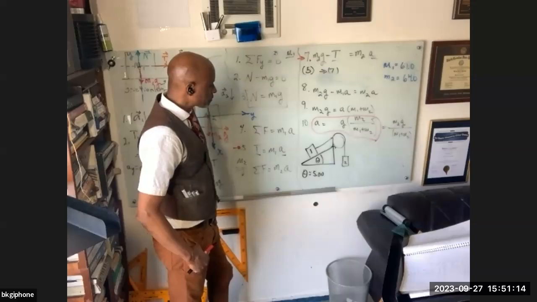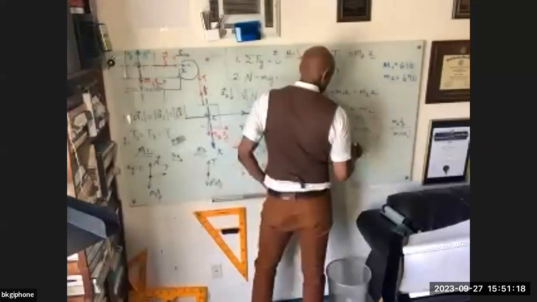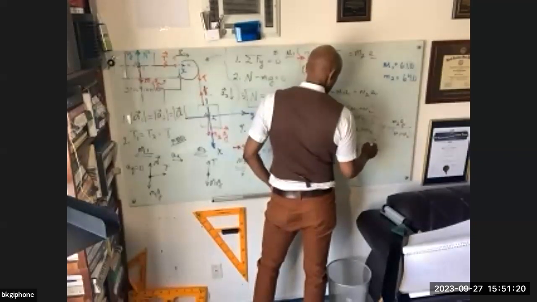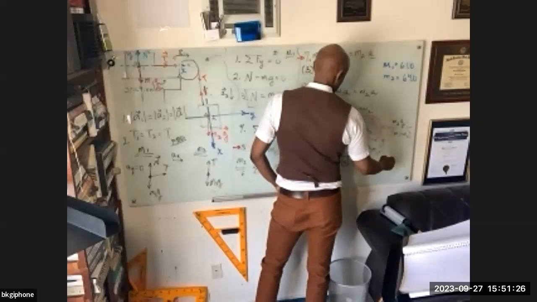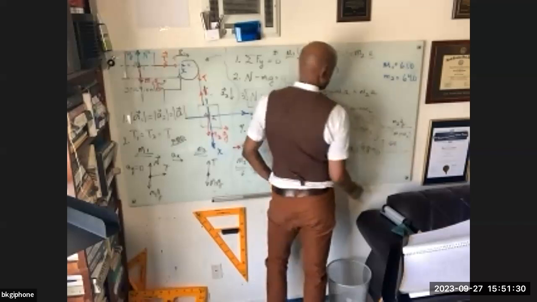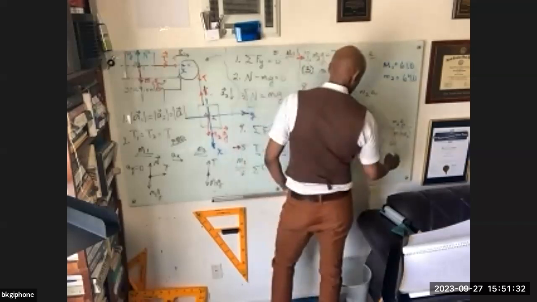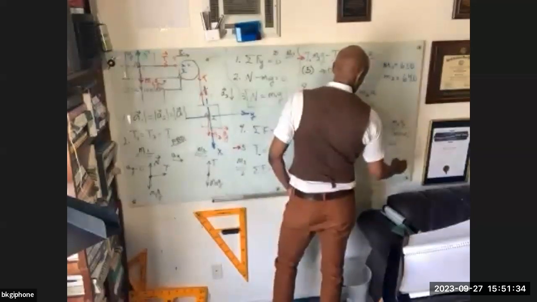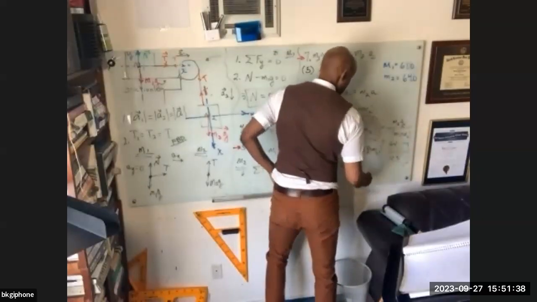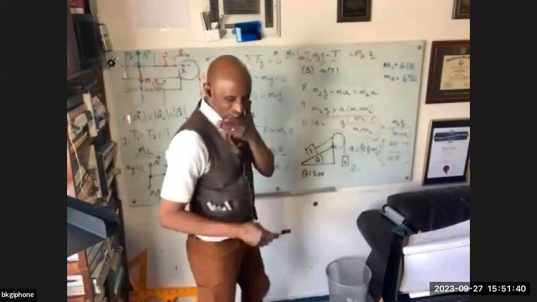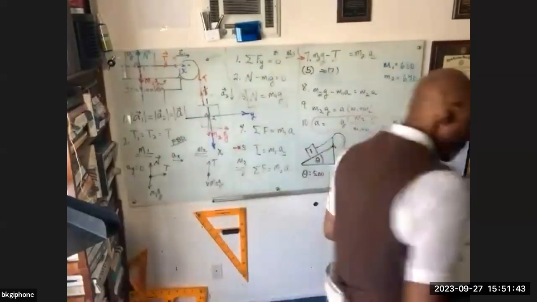Let's see what that acceleration looks like. We've shown that example several times. In our case, A is going to be equal to 9.81 meters per second squared times M2, so that's 64, over the sum, so that's 125.